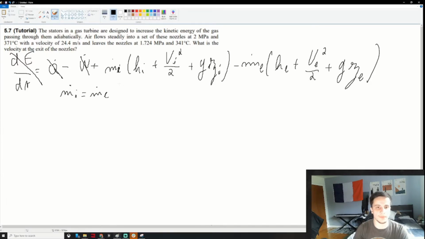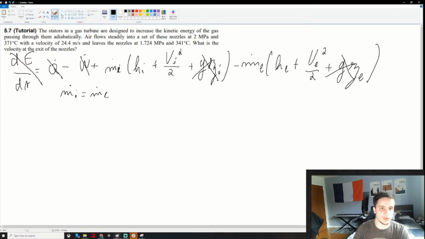These two can be factorized. Specific enthalpy we do not know, but it cannot be removed. Same thing for the exit. Velocity at the outlet and inlet cannot be removed. The exercise tells us that it changes, and then the altitude, there is no change in altitude.